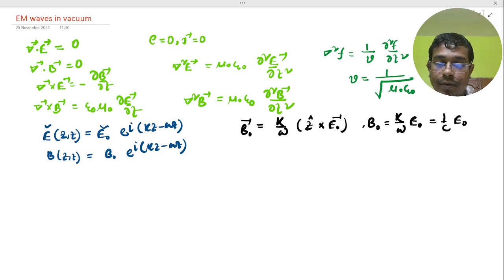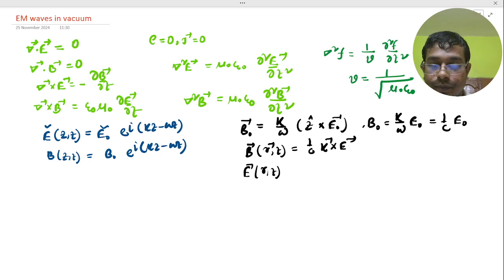And the other one, the E to B transform: B(r,t) should be 1 by c k cross E, and E(r,t) is formally minus c k cross B, and n dot k must be 0.